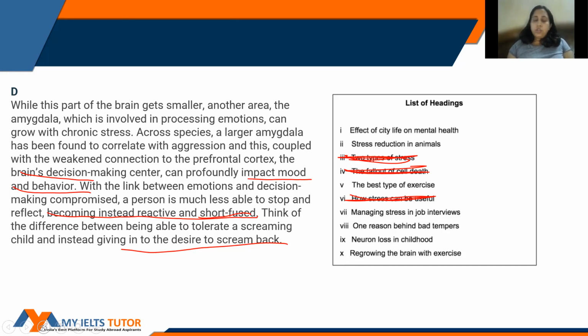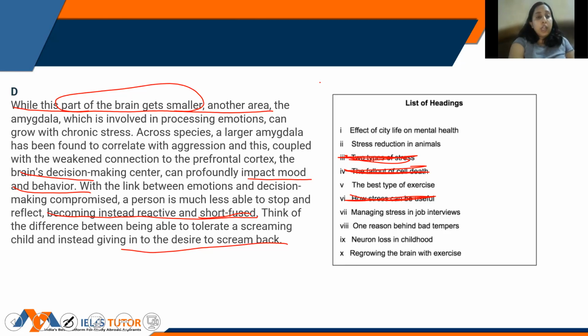Okay. So basically, if I talk about this paragraph, keep one thing in mind. When you read the starting of the paragraph, they're talking about while this part of the brain gets smaller, right? This can confuse you and make you unsure about the previous answer.